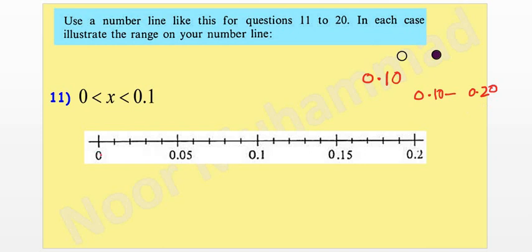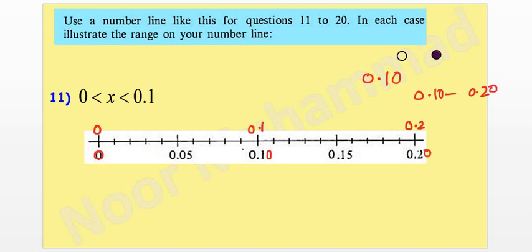Let me explain. For example, here I have 0 and here I have 0.1. Actually it is 0.10, right? 0.1 is actually 0.10, and here 0.2 is actually 0.20.